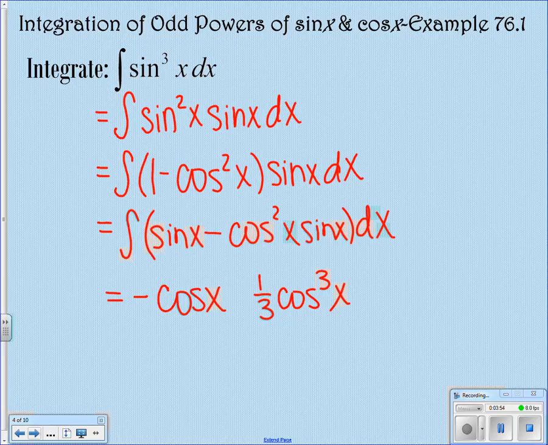Well, if I take the derivative, I would have the 1/3 and the 3 cancel, and then I'd have cosine squared x, and then the derivative of cosine is negative sine x. So I need to make this a positive right there. And then I need to add my plus c.